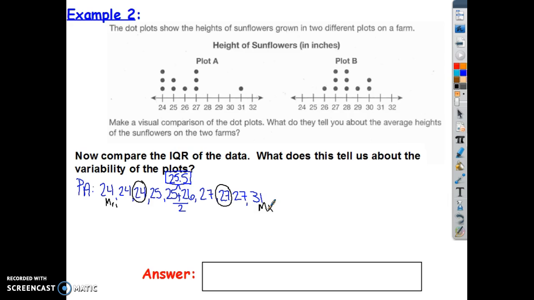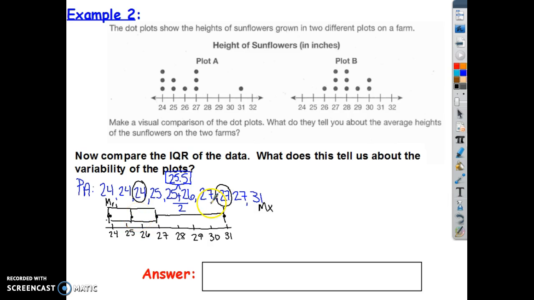And I can now draw my box plot. So I drew a number line, and I plotted my key points for my box plot. My minimum was 24. My lower quartile is also 24, which is why I don't have a whisker down on this end. My median was 25 and a half, so I put this about halfway between 25 and 26. It'd probably be a little bit over.